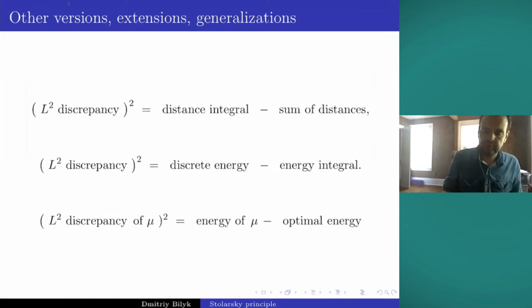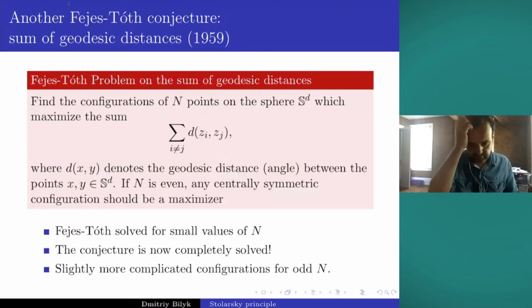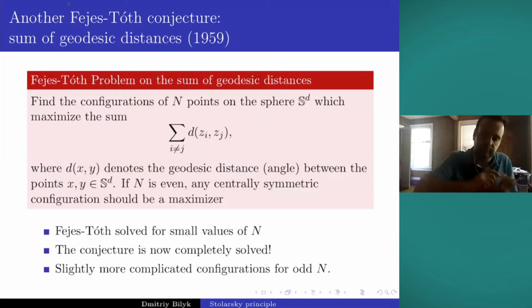All right, so let me mention right away one application. This application stems from another problem of Fejes-Tóth, about the sum of geodesic distances on the sphere. We are now replacing the Euclidean distance by the geodesic distance.